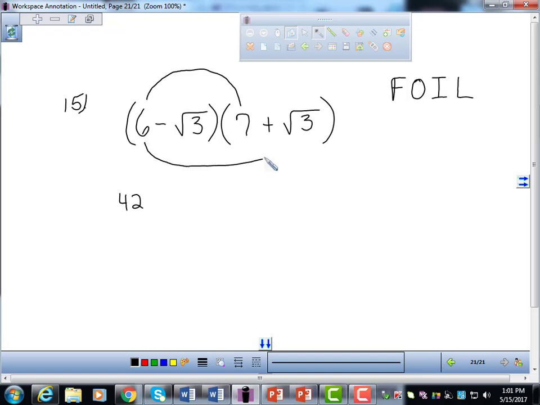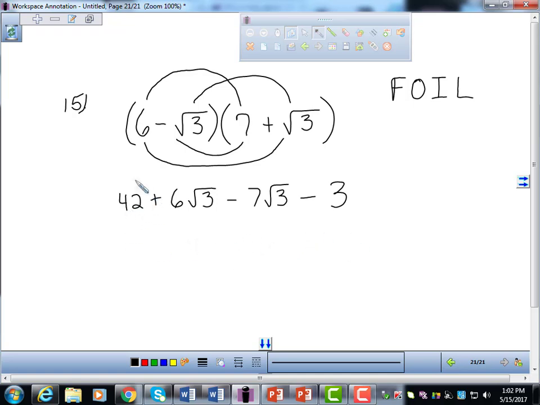Outside, 6 times square root of 3. Inside, the negative square root of 3 times 7. Last, negative times a positive is a negative. And the square root of 3 times the square root of 3 is 3. Remember, the square root of anything times the square root of the same thing is that thing.